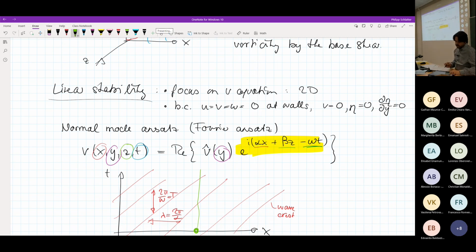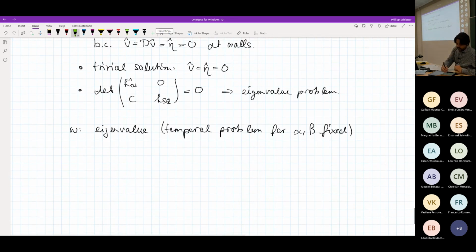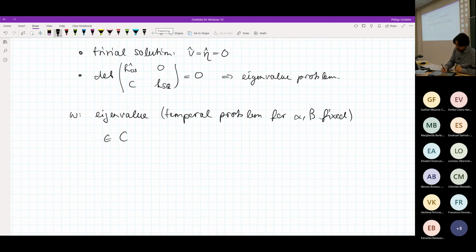So that means my omega, in that sense, would be a complex number. So it has both an oscillatory part and a growing part. So that means my omega would actually be omega_r plus i omega_i. Of course, that means that my e to the minus i omega t would have two parts, e to the omega_i times t times e to the minus i omega_r times t.